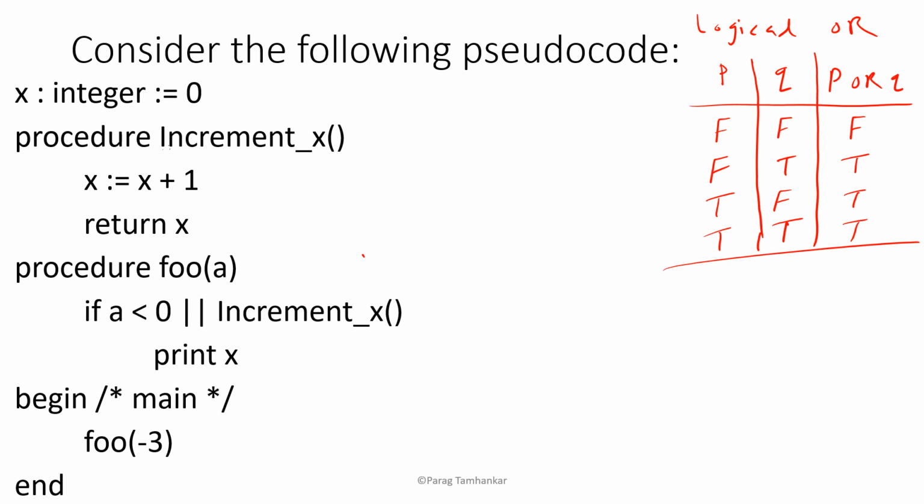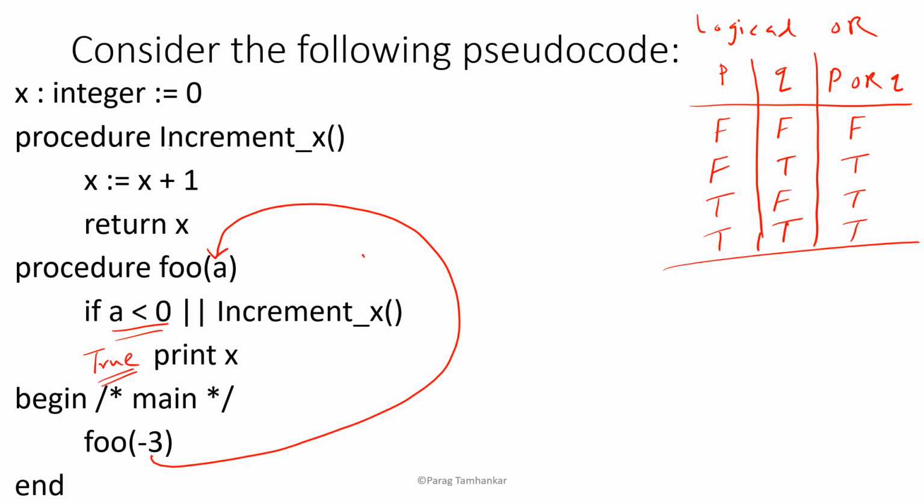So let's see the execution now. What we have done is we have passed -3. So we'll be copying -3 into a. So a is actually -3. So this condition happens to be true.